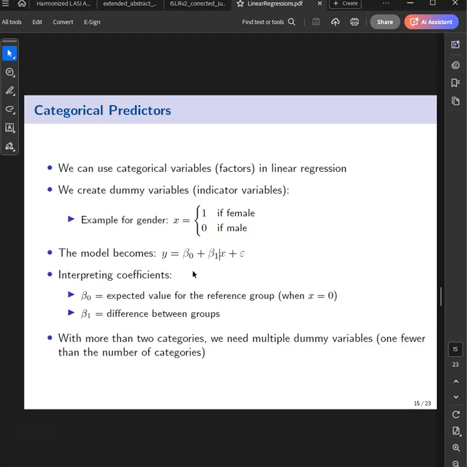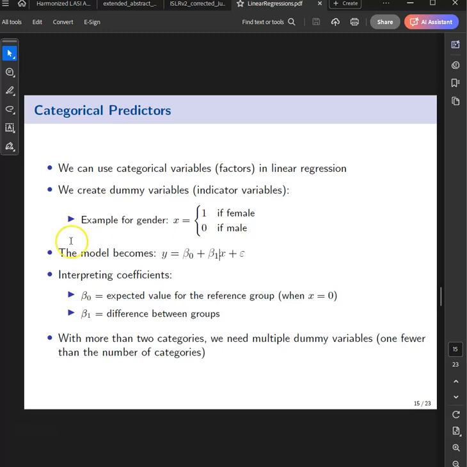What about variables that have more than 2 categories? We then need multiple dummy variables, specifically one fewer than the number of categories. For example, if you want to create a dummy for regions, north, south, east, and west, we create 3 dummies and leave one region out as the reference.